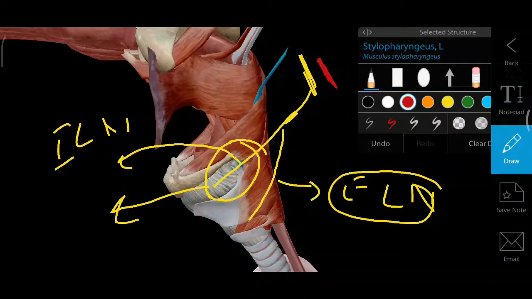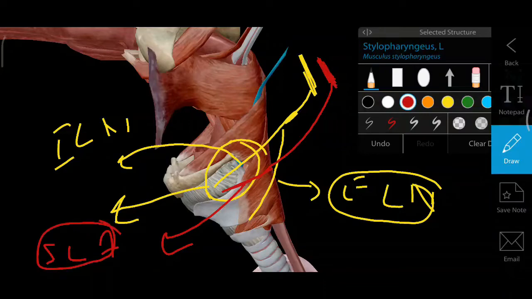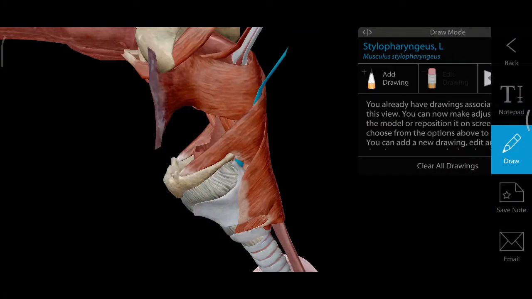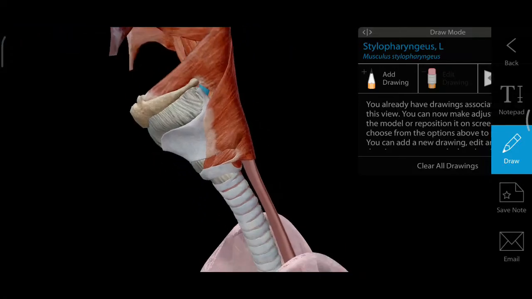This is your external carotid artery. It comes like this. So this is your superior laryngeal artery. So these were the structures passing between the middle constrictor and the inferior constrictor. Now we're going to see the structures passing between the lower border of the inferior constrictor and the oesophagus.